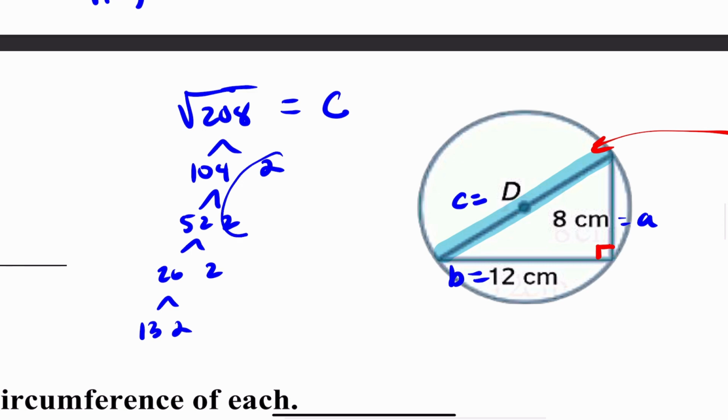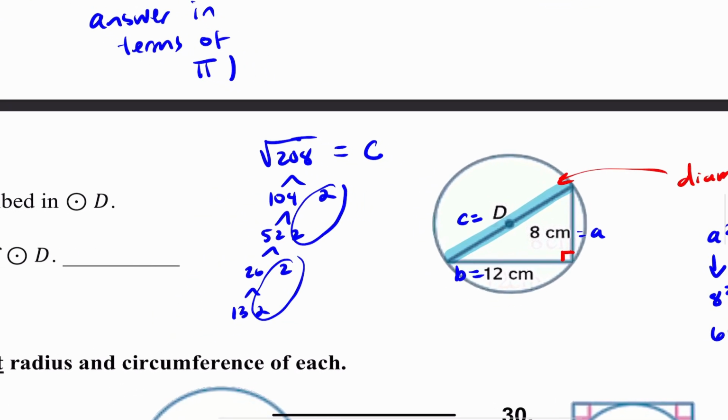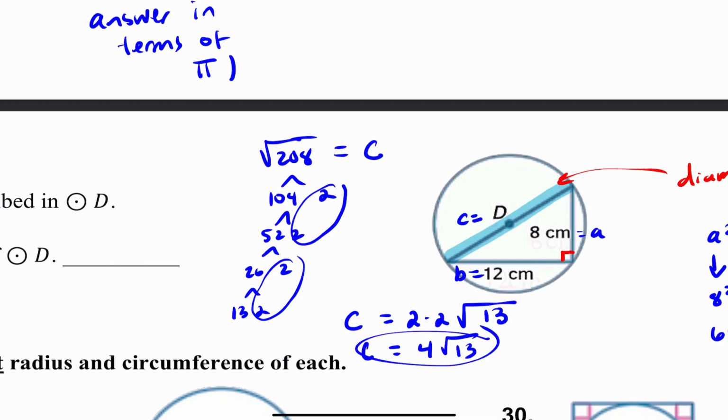All right, I have a pair of 2's here and a pair of 2's there, so let's write this over. C equals 2 times 2 root, what goes inside of the radical, that's 13. So C equals 4 root 13. So C is equal to 4 root 13.